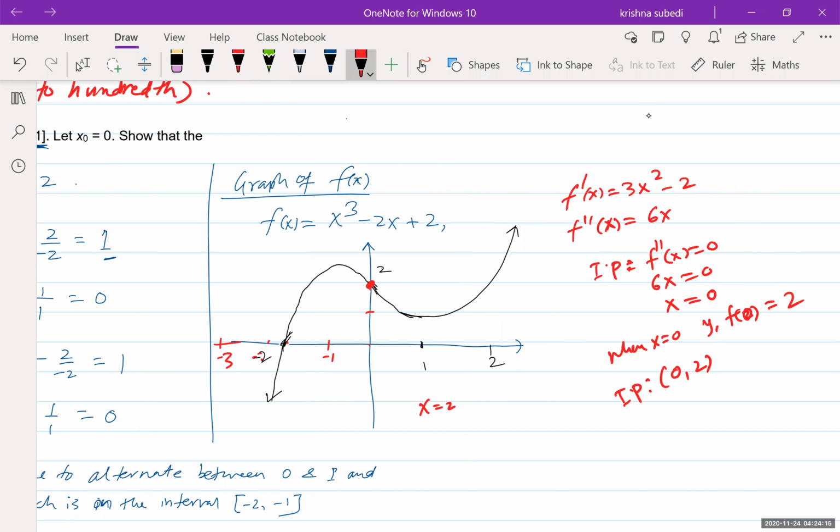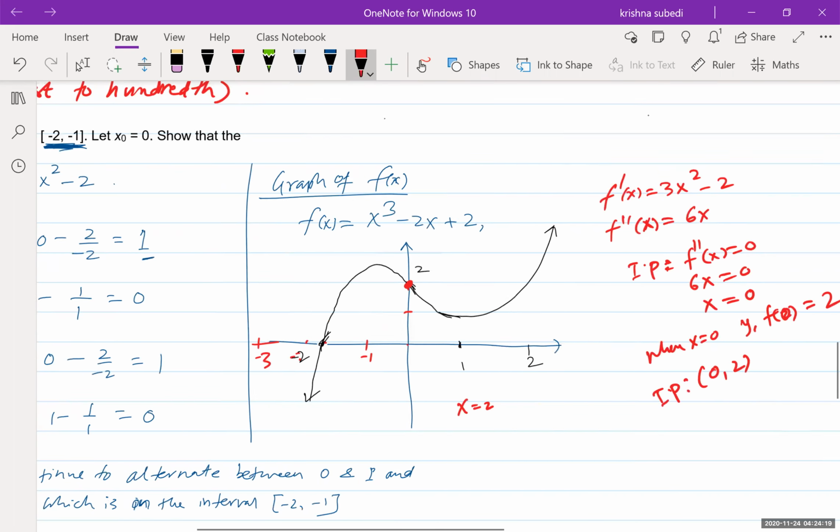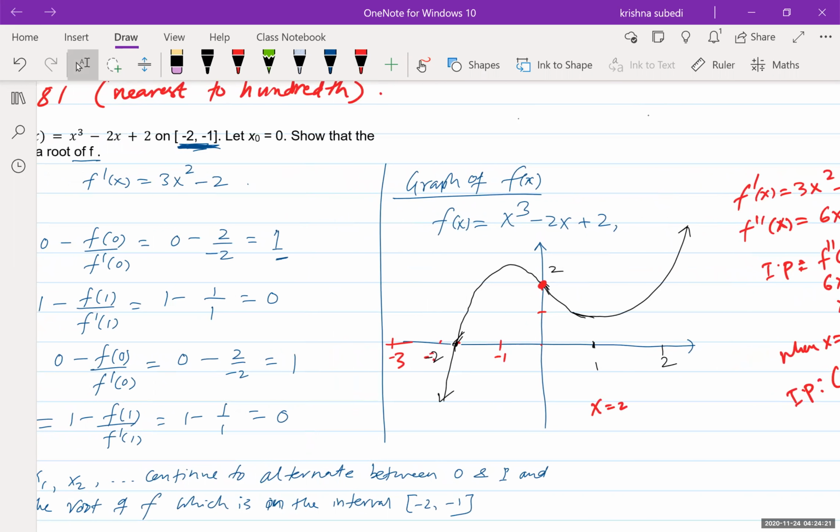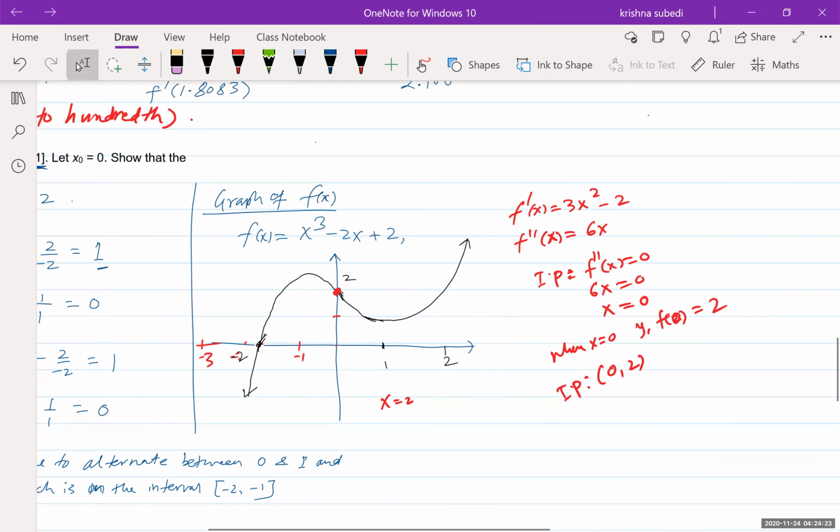Now, remember the warning that I gave at the beginning of the class, that if you choose your first guess to be an inflection point, or the point where the maxima and minima are, then this Newton's method may not work.